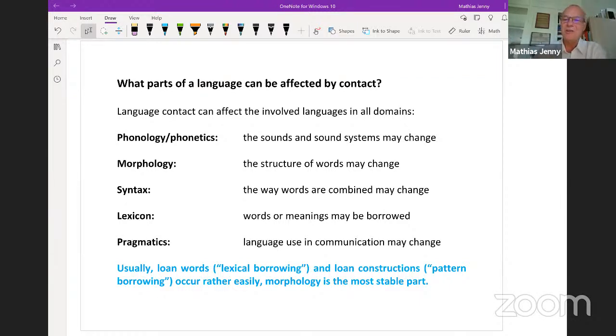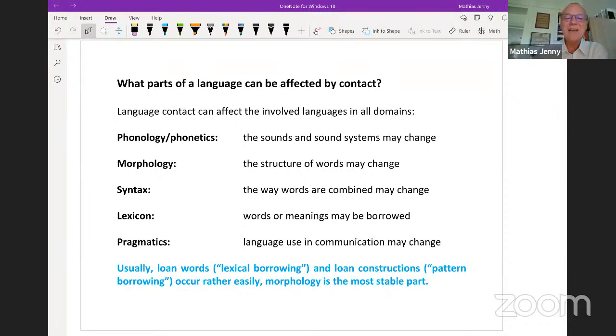The meanings of words may change. You may take over meanings that a word has in another language and also assign them to the same word in your language. So you get semantic extension. And then also the way you use language in communication may be affected by language contact. So the pragmatics may change.